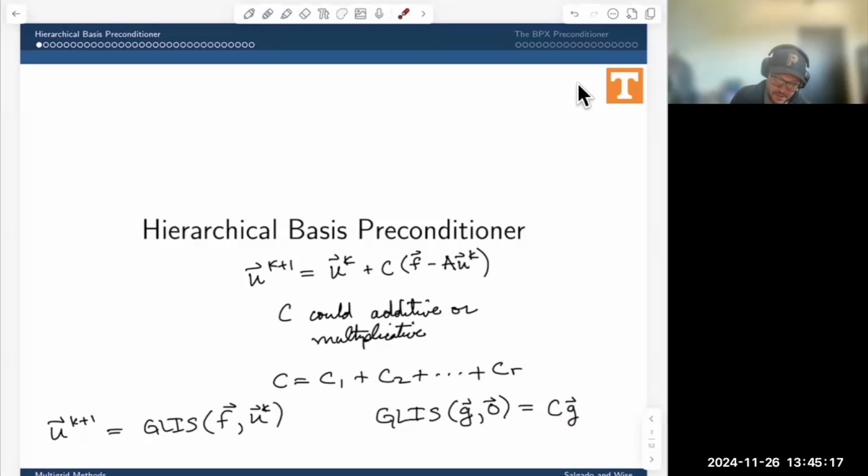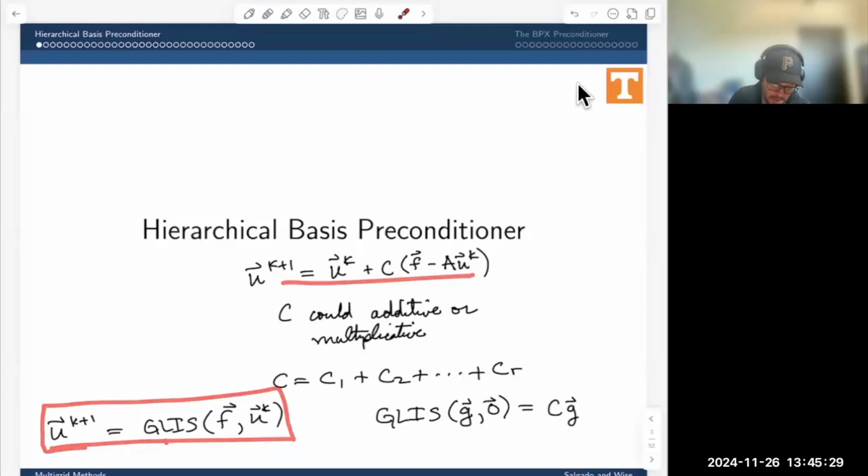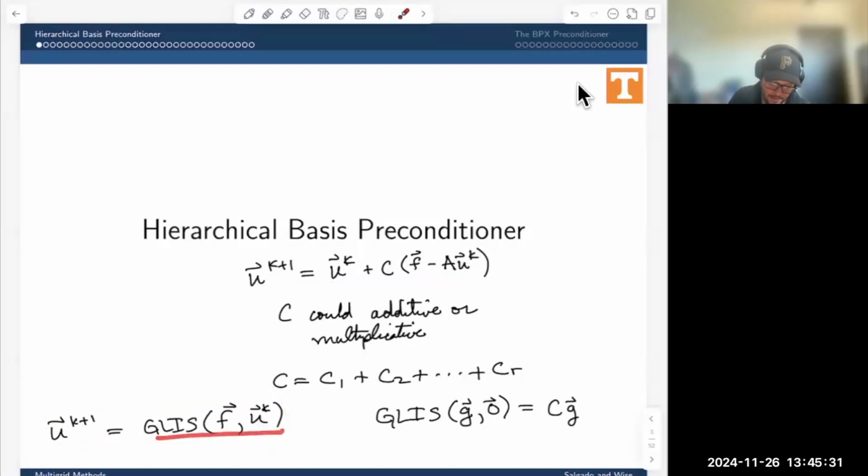So the relationship between this as a preconditioner and this general linear iterative scheme is tied up in this statement here. If the general linear iterative scheme can be written as an operation, then if I put in 0 here and any arbitrary vector I want in this position, then the application of the general linear iterative scheme is the same as applying the iterator matrix or the preconditioner matrix C times a vector.